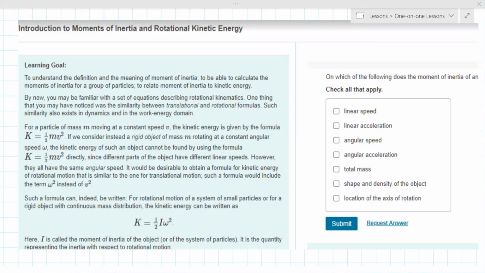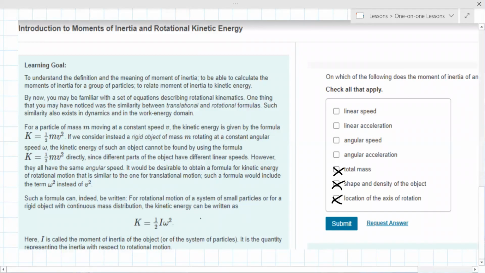Okay, so I'm not finding these. These references never give the first one. The moment of inertia definitely depends on the shape and density of the object, total mass, and location of the axis of rotation.